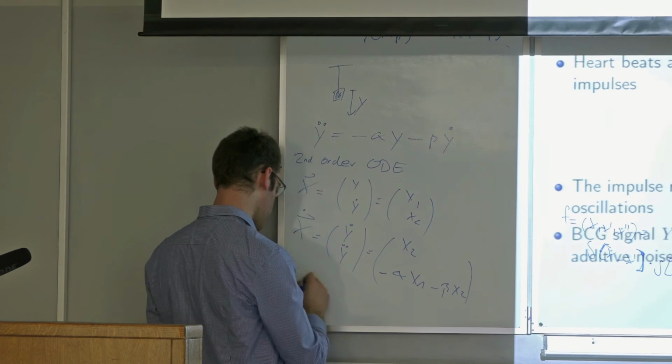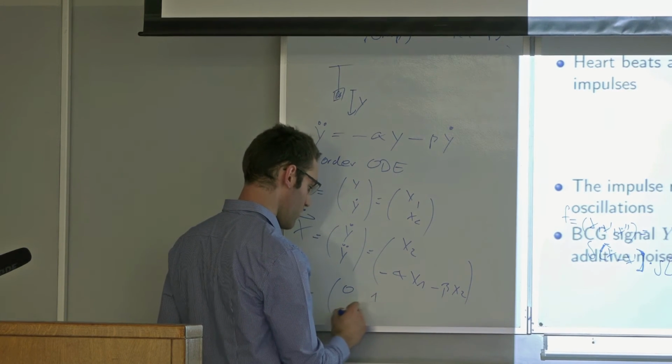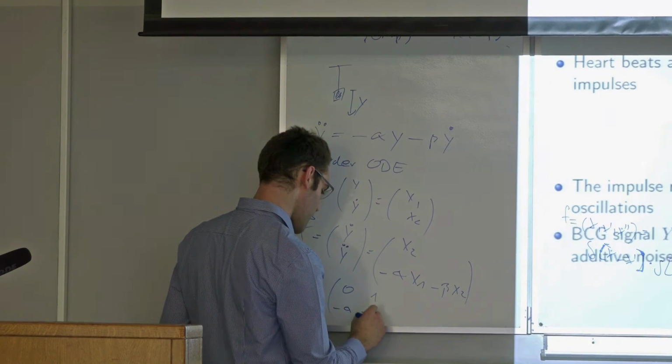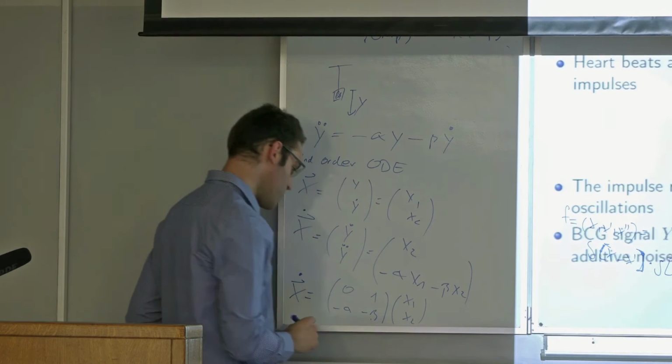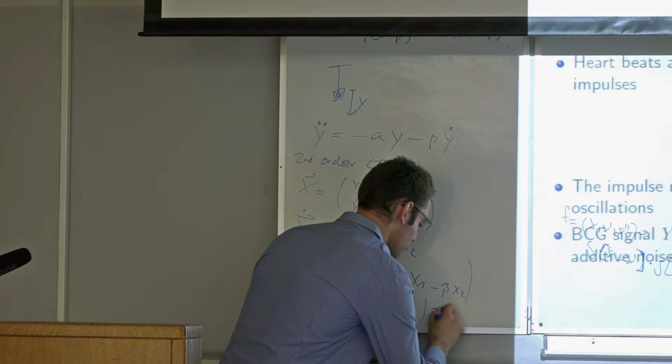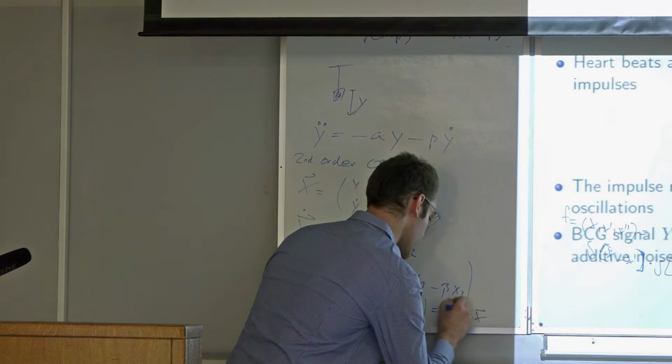So you have x dot equal to [0, 1; minus alpha, minus beta] times x1 and x2. So you have now x dot is some A matrix times x.